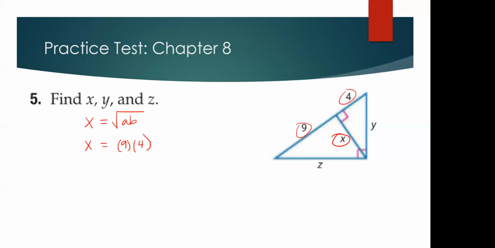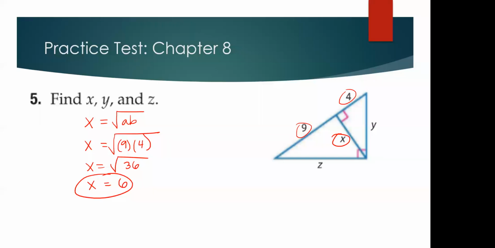This is the geometric mean altitude theorem. So we multiply: 4 times 9 is 36, and the square root of 36 is equal to 6. So we've got x there.